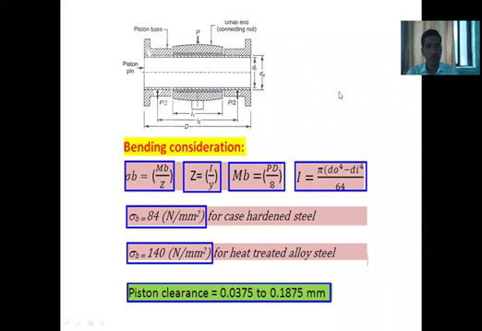For case hardened steel, the bending stress sigma b is 84 Newton per mm square, and for heat treated alloy steel, the bending stress is 140 Newton per mm square. Therefore, the piston clearance of 0.0375 to 0.1875 mm is considered.